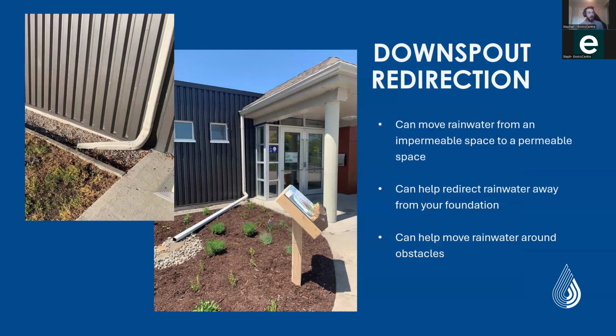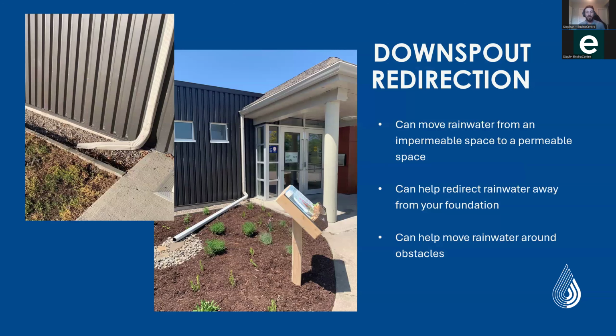All right, downspout redirections. You may wonder, what does that entail? There are a few different reasons why you may want to consider a downspout redirection. It can move rainwater from an impermeable space to a permeable space. A lot of examples I've seen over the years have a downspout coming down right onto your driveway, and it's flowing off the property.